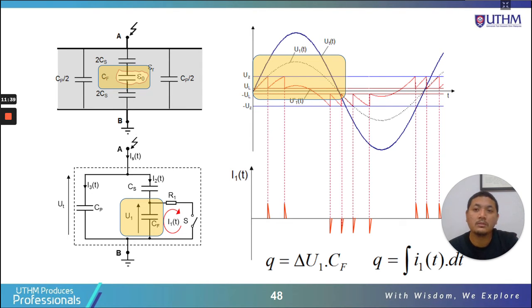So when we supply high voltage between these two electrodes, discharge will not happen inside the insulation because of the electrical strength of the insulation material.